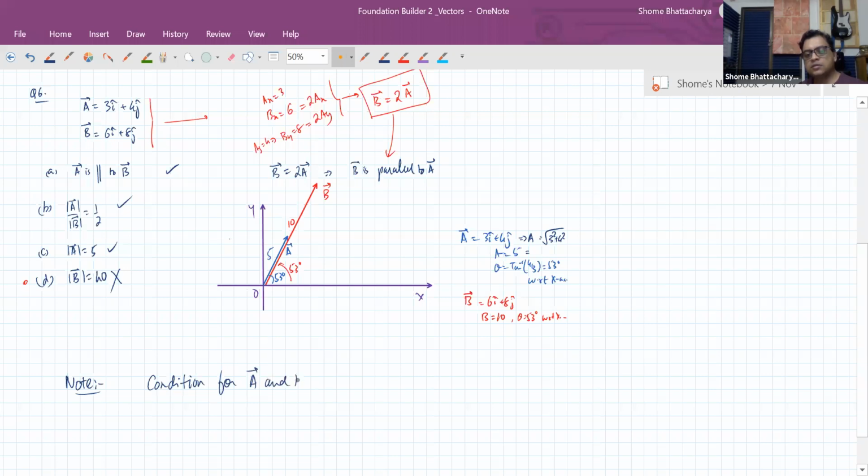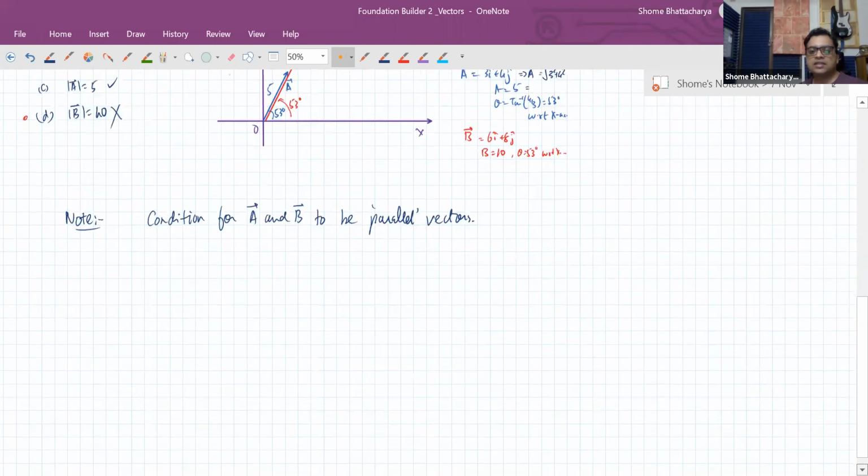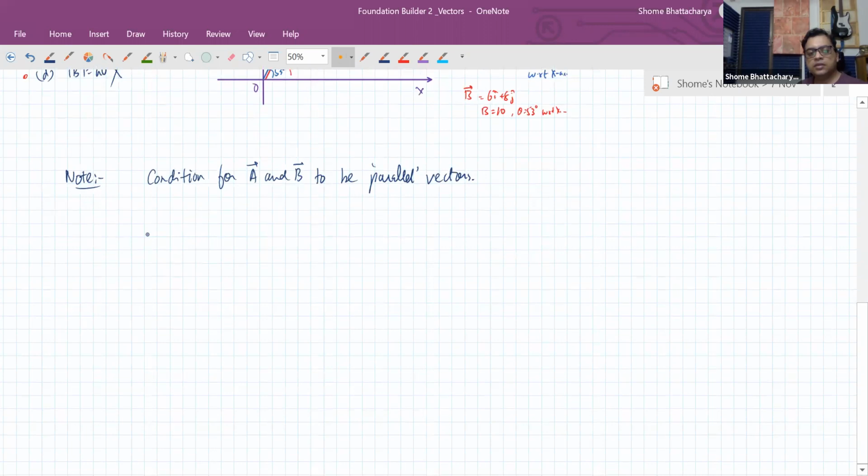For A and B to be parallel vectors. Okay. Now this is where what we discussed in the last lecture will become very important. If A and B are parallel, then they should subtend the same angles, or they should cut the axis with the same angles.